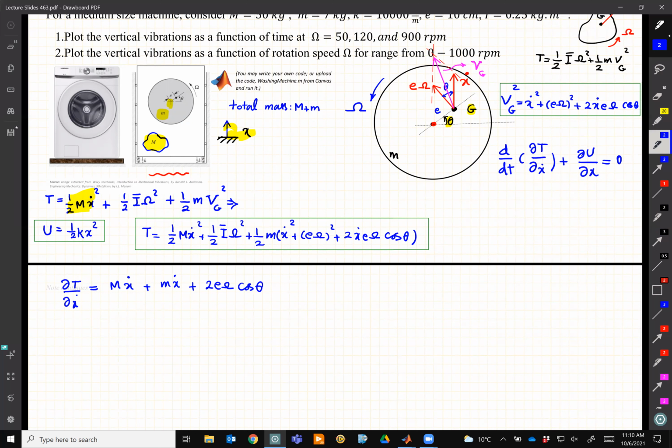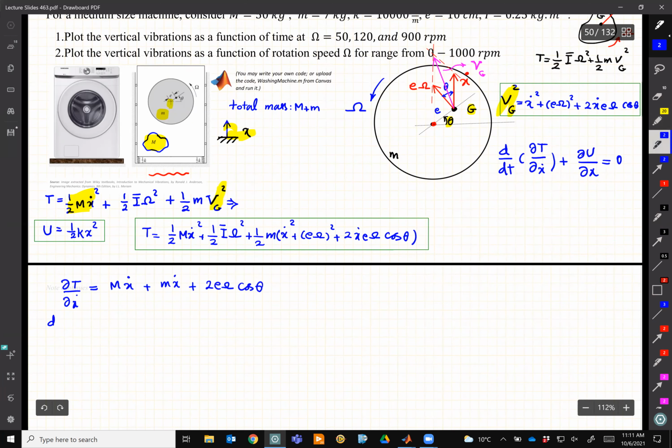Is that correct? Yeah. Relative to T with respect to x dot, for Vg, yes, it's already squared. So that's that one.